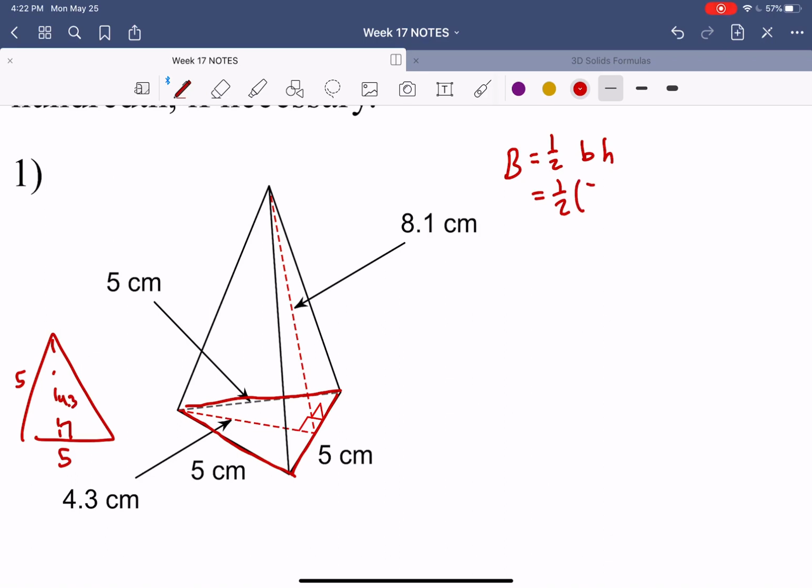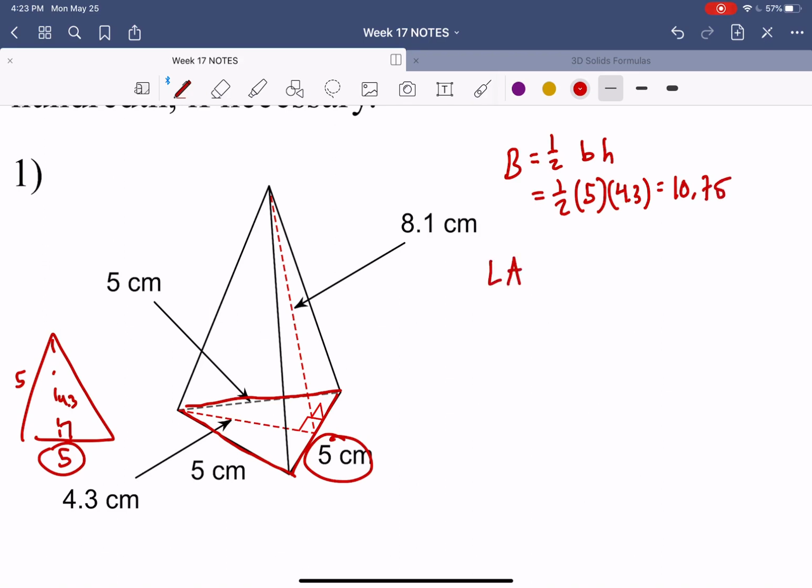So the base is 5, and then the height is perpendicular to it, so that's 4.3. This one's going to be a bit crazy of a decimal. We get 1/2 times 5 times 4.3, and that's 10.75. That's the area of the base.